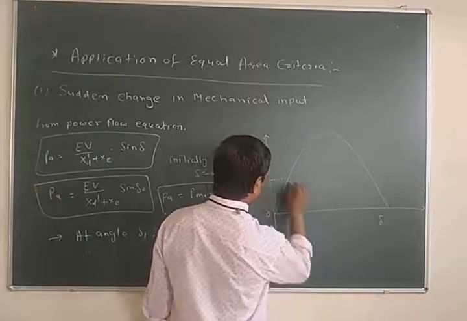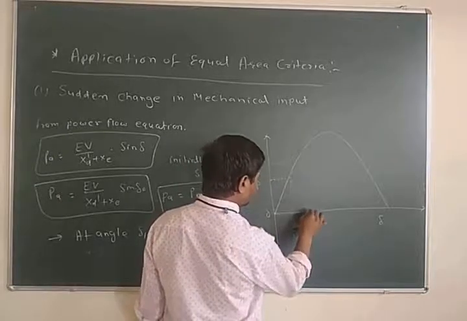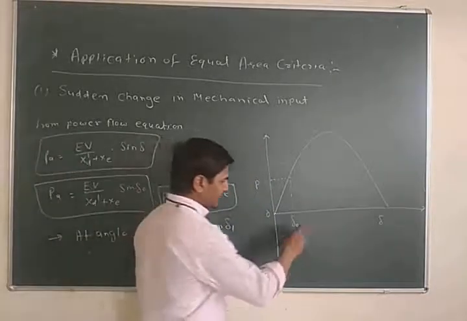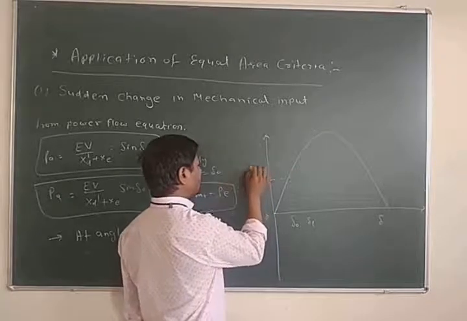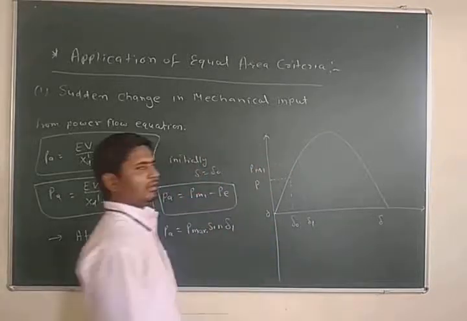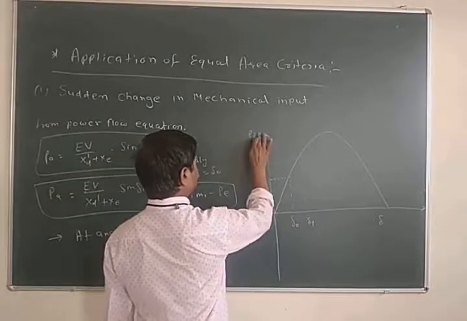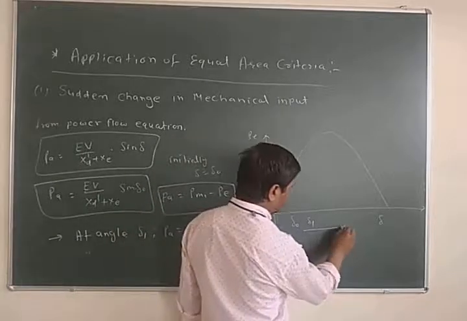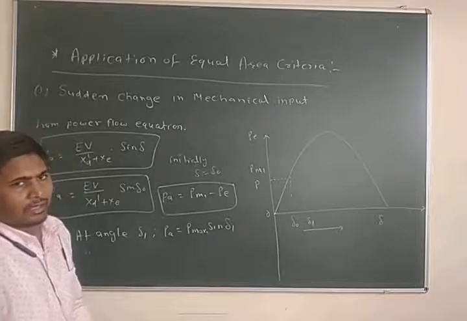When the mechanical input to the machine is changed, so the generator input is increased, then the rotor angle accelerates up to delta 1 and the power is equal to Pm1. Now this rotor angle continuously increases due to the change in mechanical input.